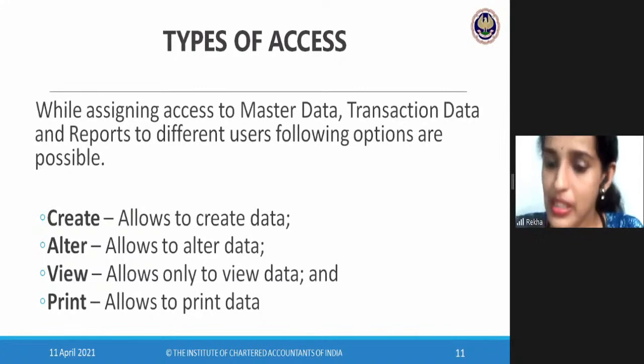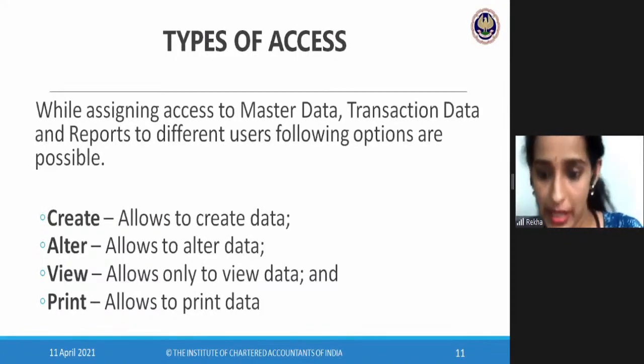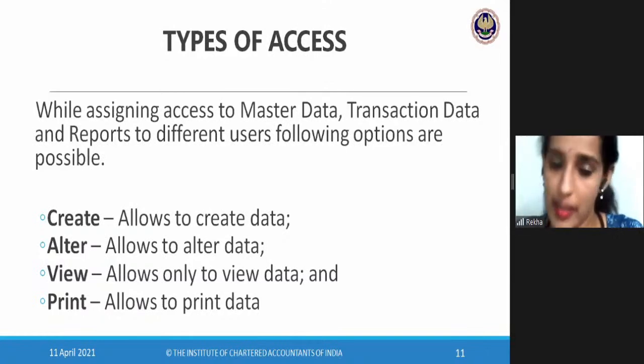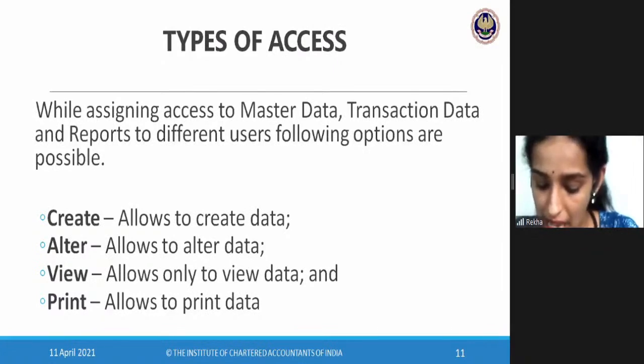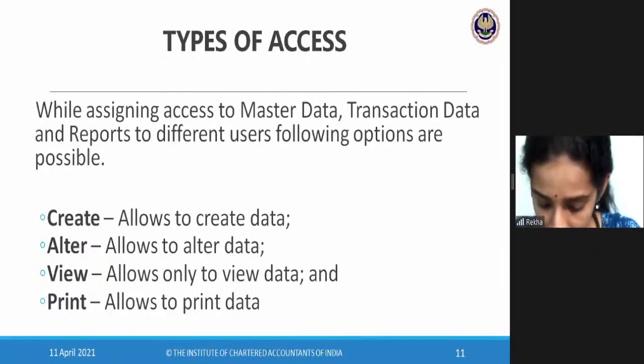I can view, that is, I'll be able to read whatever is already entered by the staff or by the corresponding department employees. And the print. All four are different types of access: create, alter, read or view, and print. So four types of access basically under your role-based access.